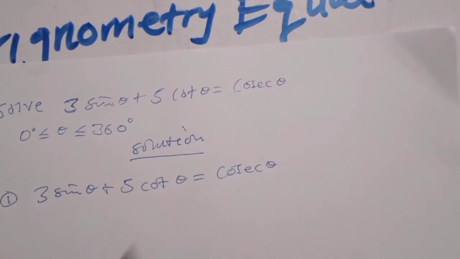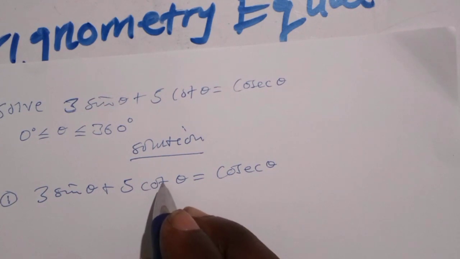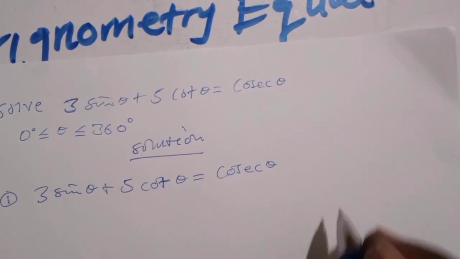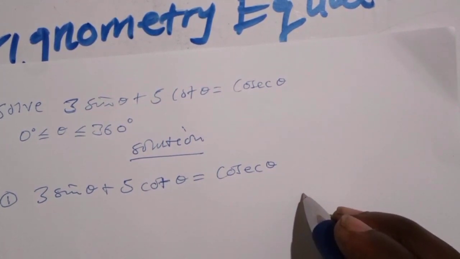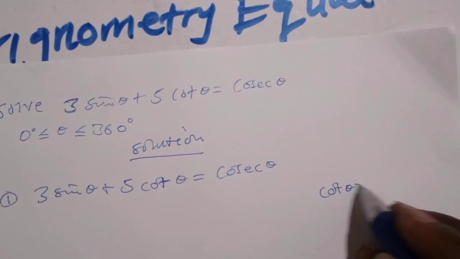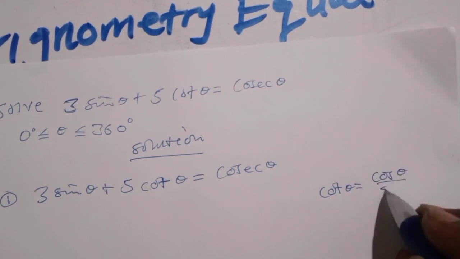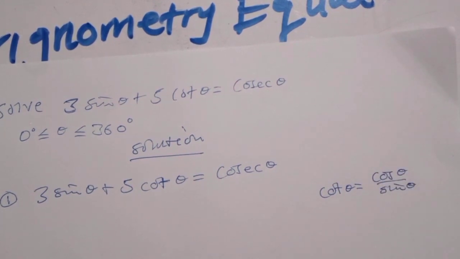Then what you have to do is expand these terms, because we have this identity for cot theta: cot theta is equal to cos theta over sine theta, the inverse of tan.